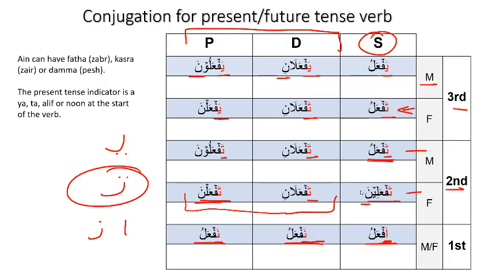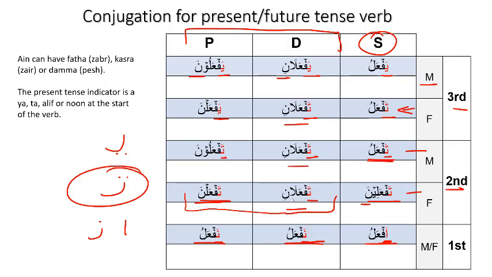You will also notice that some of these terms are the same. For example, we have taf'alani, taf'alani, taf'alani. So these three duals are the same. And then when we are reading Arabic or hearing Arabic, from context, we need to figure out whether we are talking about third person female or second person male or second person female.